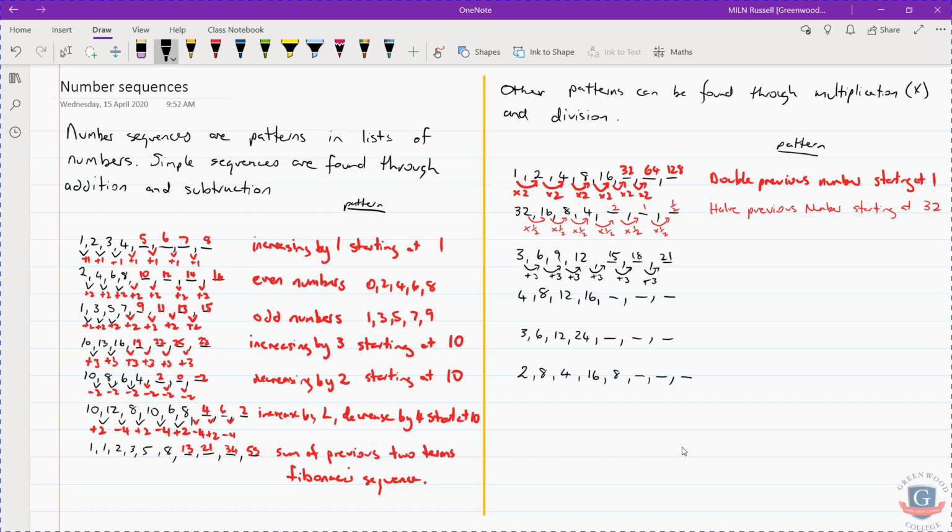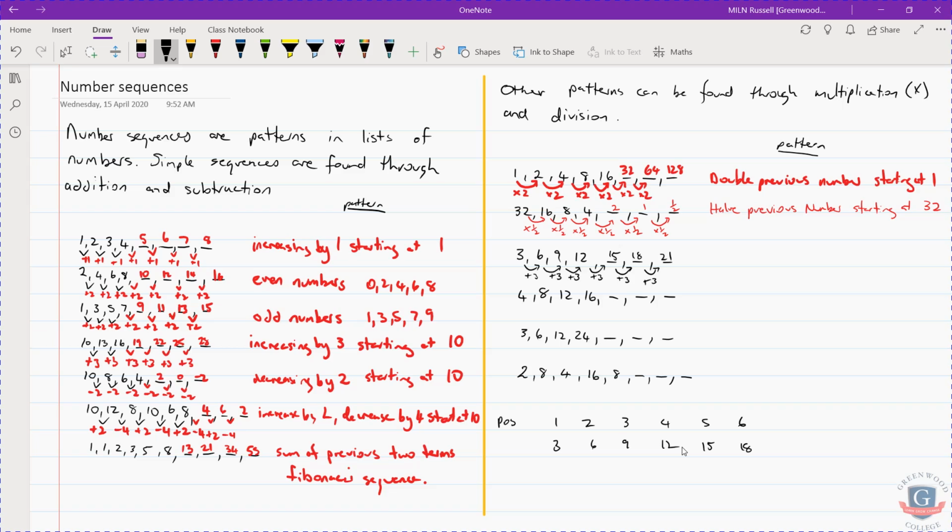Now I know why this has been included in the multiplication set, because these are actually the multiples of 3. And if we look at it this way, 1, 2, 3, 4, 5, 6, say this was the position. So 1 would be the first number and 2 would be the second number. There's the numbers from this sequence.